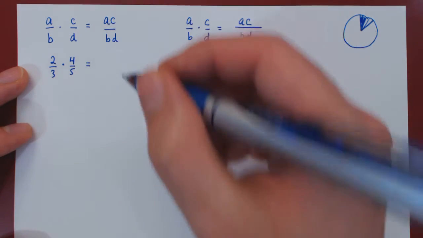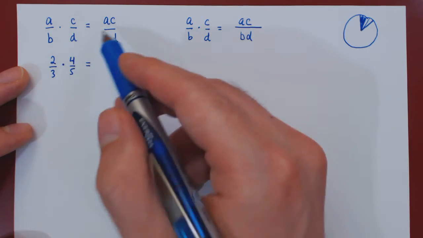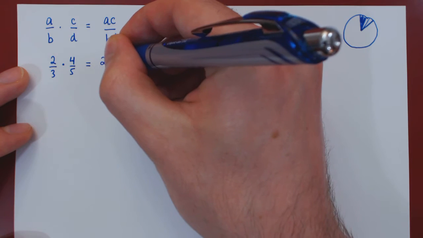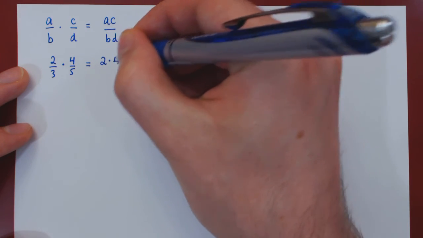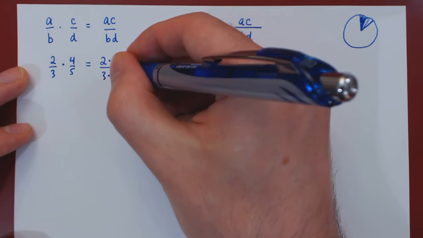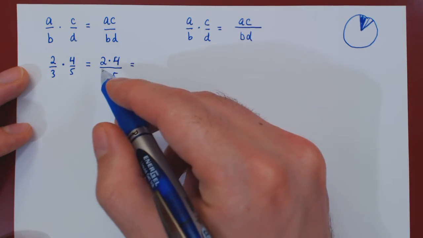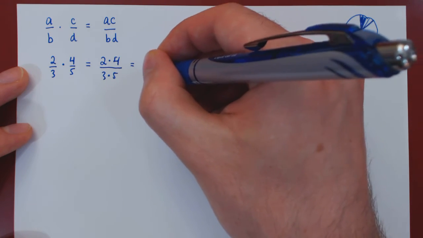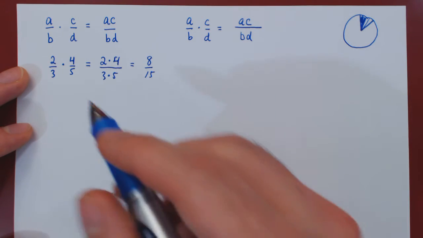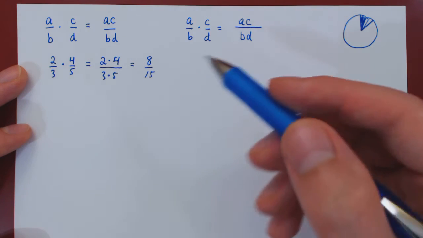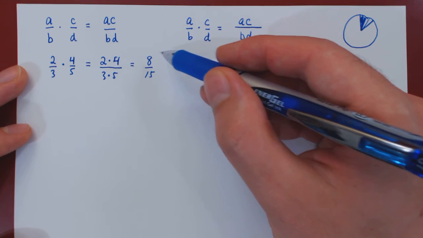If we use this rule first, this will be simply 2 times 4 over 3 times 5. And if we multiply both products, we get 8 out of 15. So if you say, I take 2/3 of 4/5, that's saying I take 8 parts out of a total number of 15 parts.